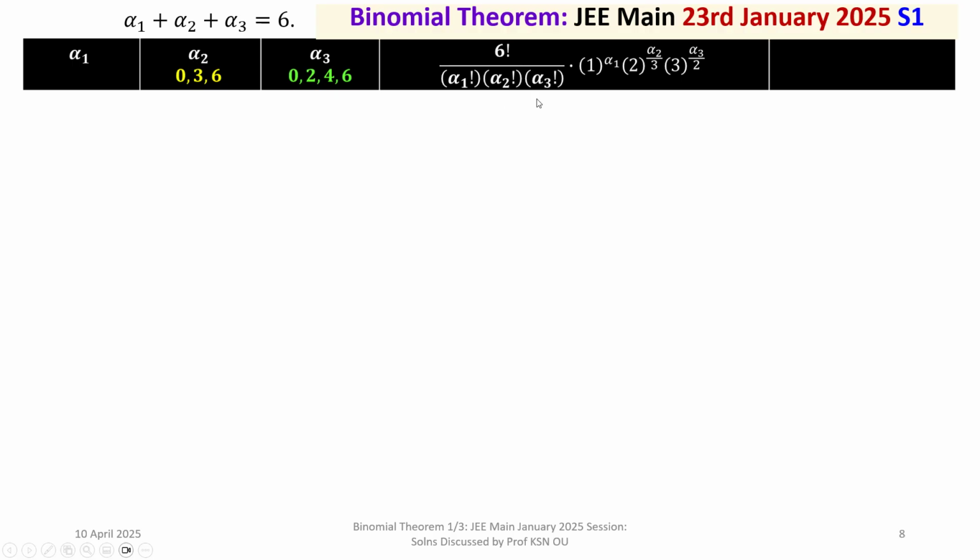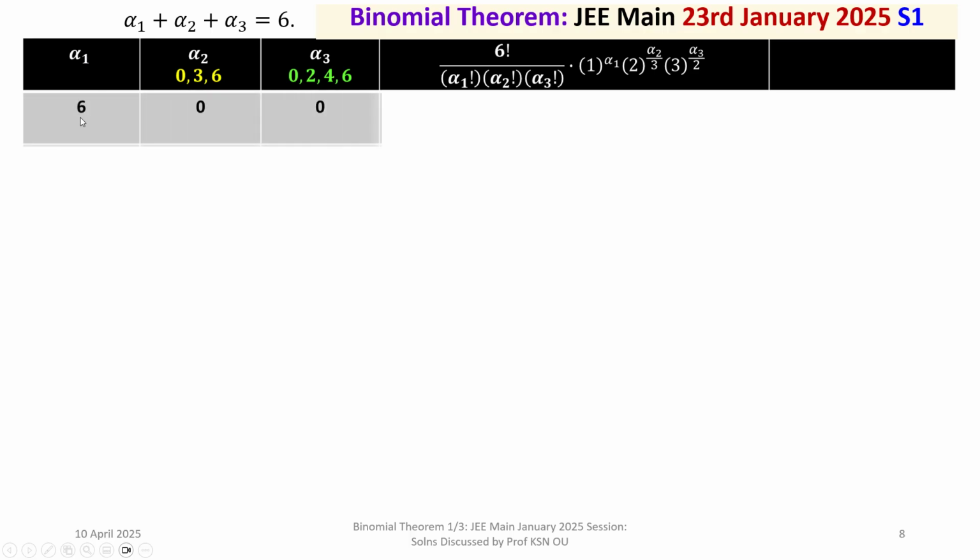Then compute the coefficients: 6 factorial by alpha 1 factorial, alpha 2 factorial, alpha 3 factorial, into 1 to the power of alpha 1, 2 to the power of alpha 2 by 3, 3 to the power of alpha 3 by 2, and write down the result here. So, first we take alpha 1 as 6.